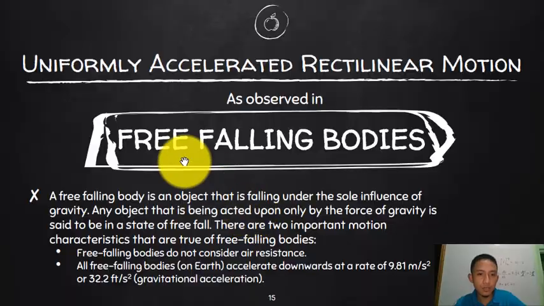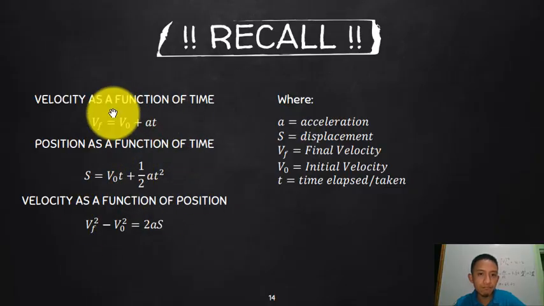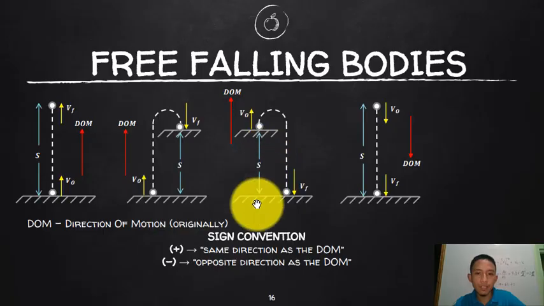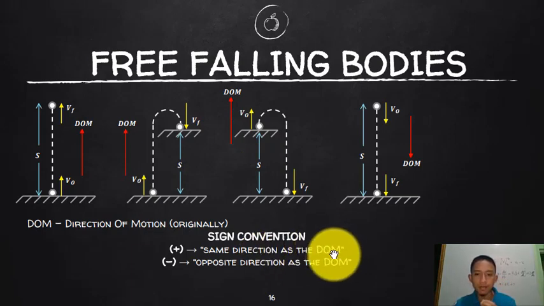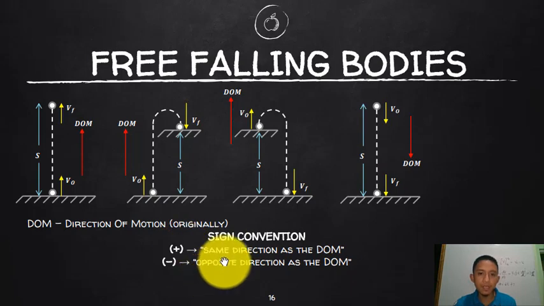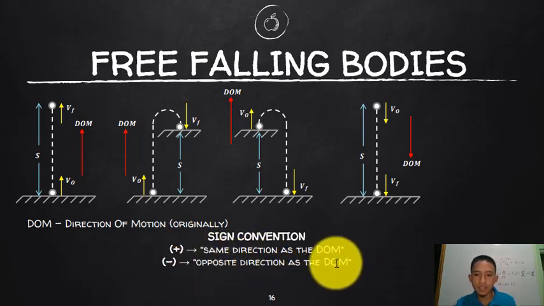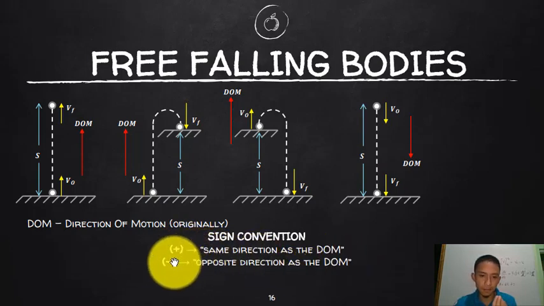Using these equations that we derived, you need to follow this sign convention. The same direction as your DOM will be positive. Opposite direction to your DOM will be negative. Always, please. You need to know that one, because even if you substitute the right value, if you did not use the correct sign, that will affect the answer.